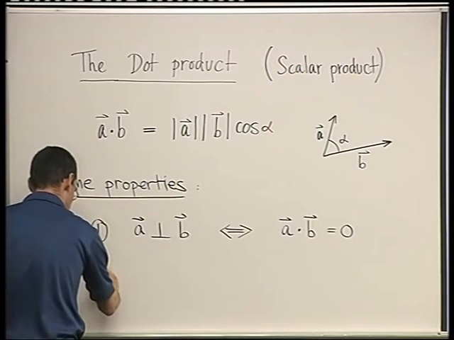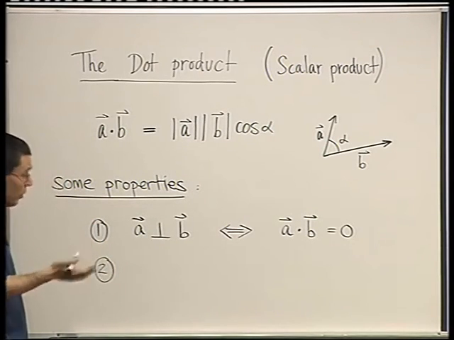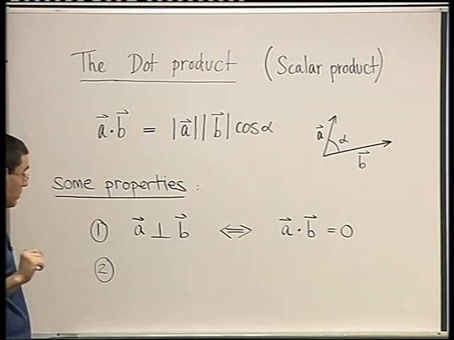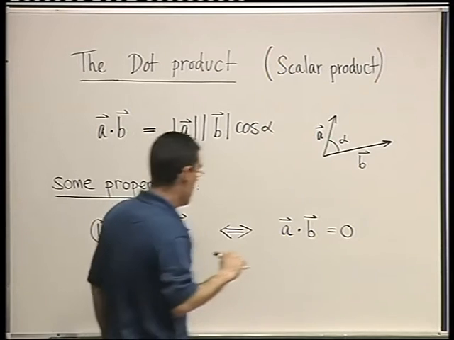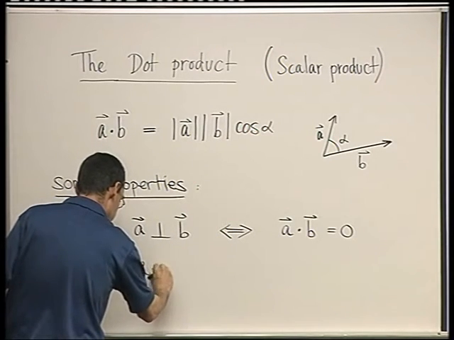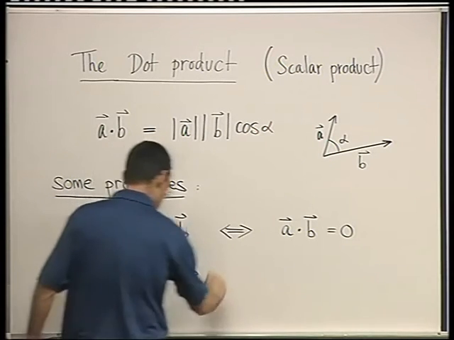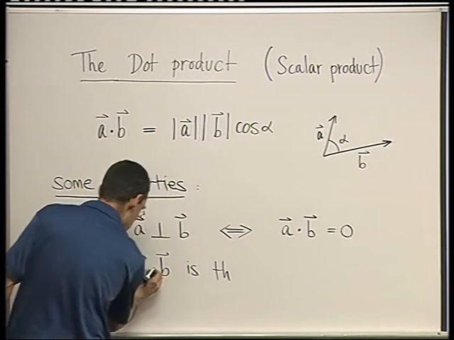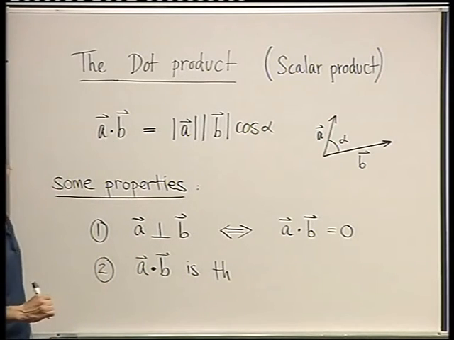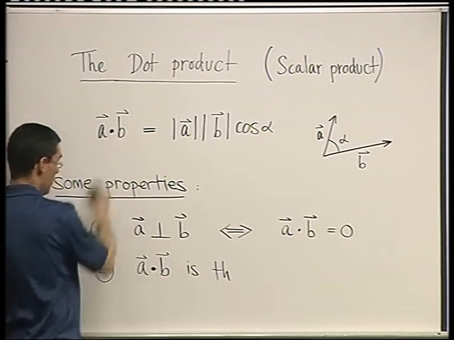Another observation. Again, it plays an important role, but for us we're just going to call it a property or an observation. A dot B is the product. Make sure, by the way, that when you write A dot B, you make the dot fat and visible, so it's clear that it's there.